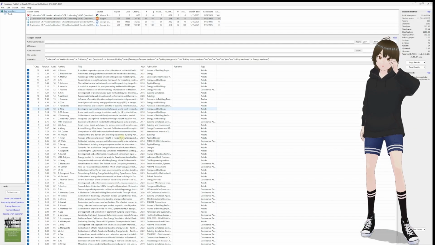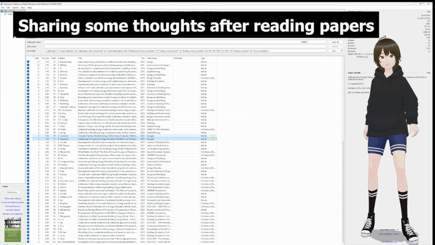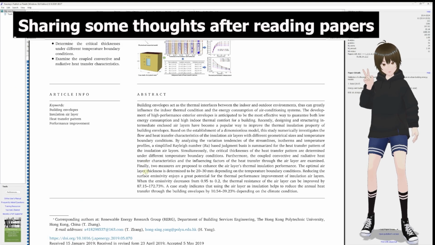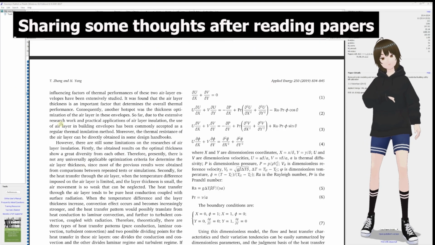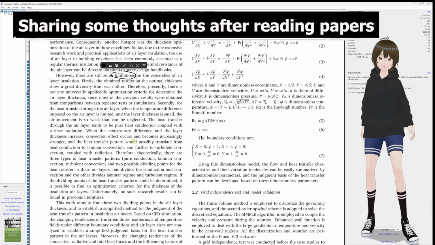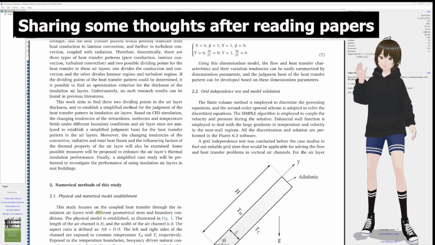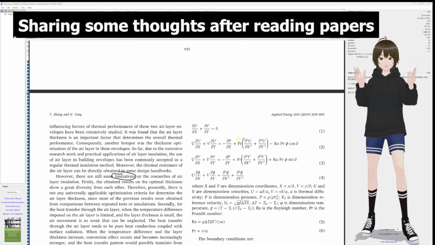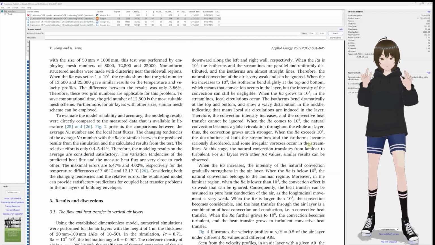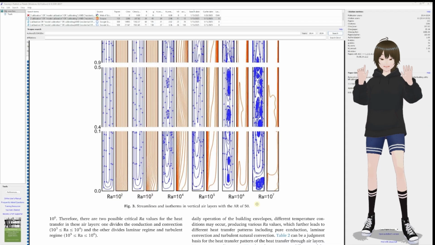I also want to share my own thoughts after reading papers, just how I think through them. All of this comes from my own study experience, trial and error, and I'd like to share it with people who might be on a similar path.